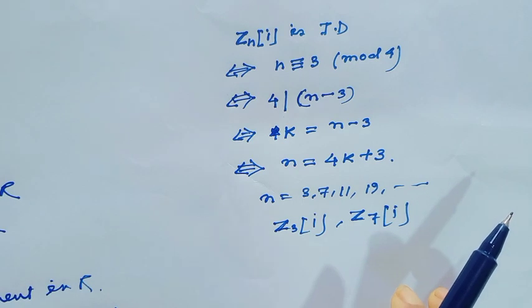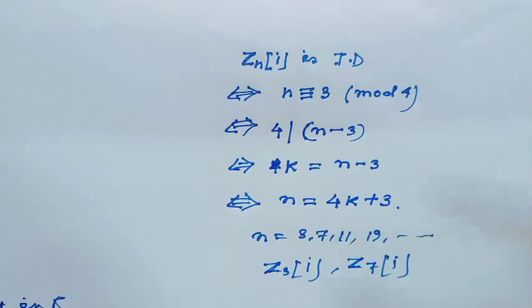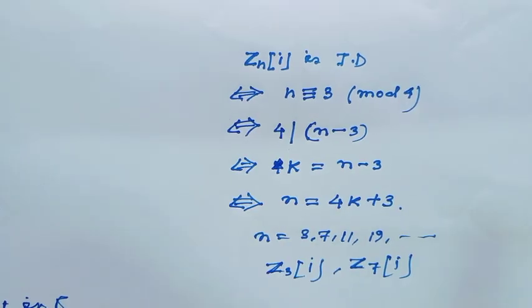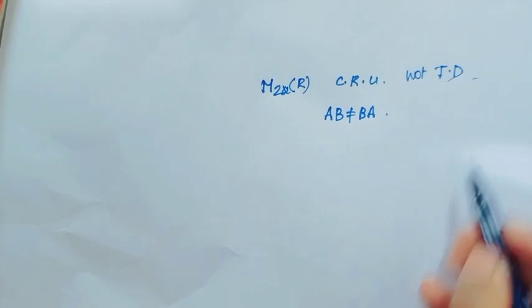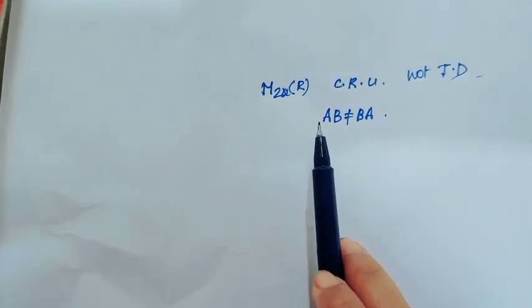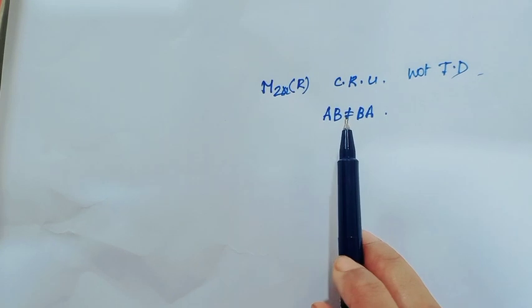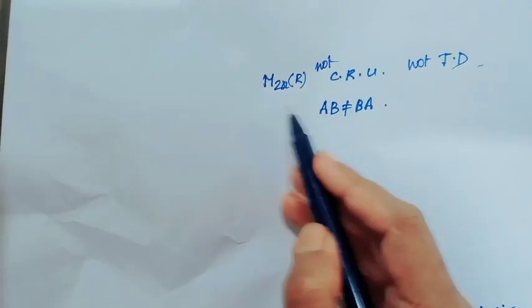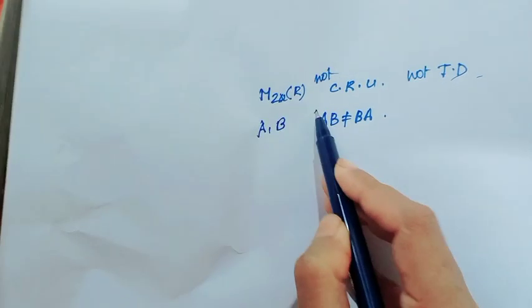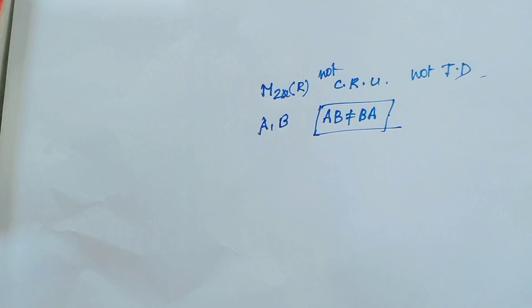Our next observation: I will look at 2 cross 2 matrices over the real field. Is it an integral domain? Similarly, if we consider 2 cross 2 matrices over the real field, this is also not an integral domain, because it is not a commutative ring. That means if we consider two matrices A and B, then AB is not always equal to BA.